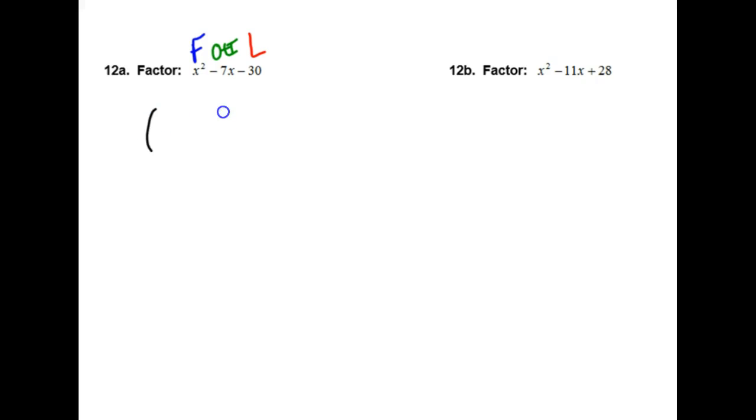So I always ask y'all what times what gives you x squared, and y'all shout at me x and x. And then we think about what times what multiplies to give you a 30, or sorry, negative 30, which means my signs have to be one plus and one minus. I know that 30 could be a slew of things. It could be 5 and 6, 10 and 3, 15 and 2, 30 and 1.